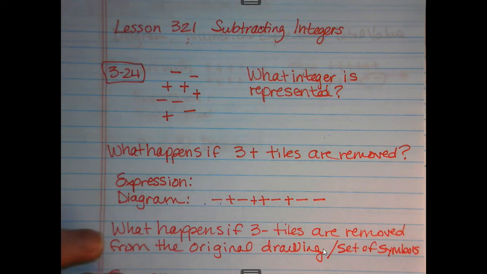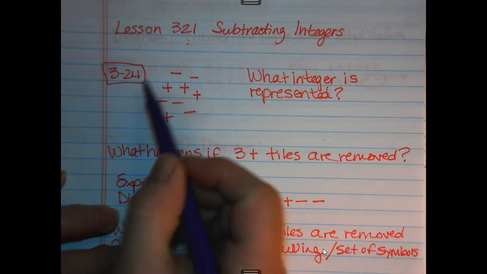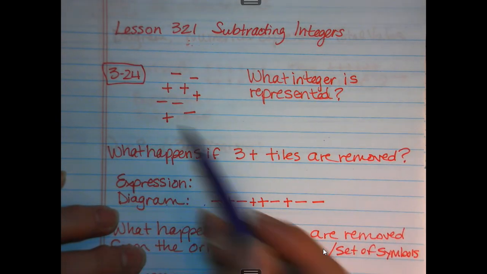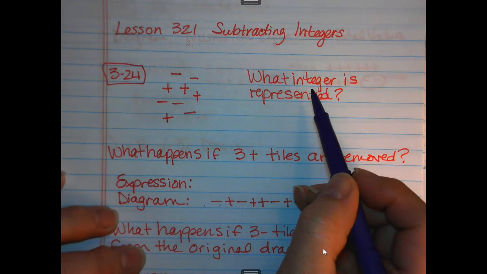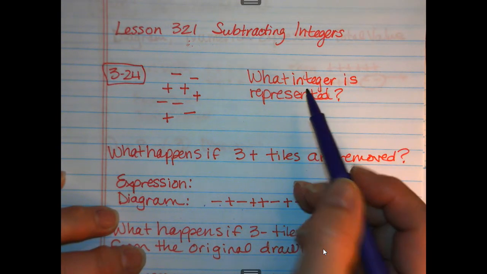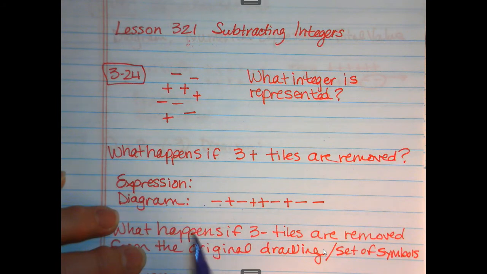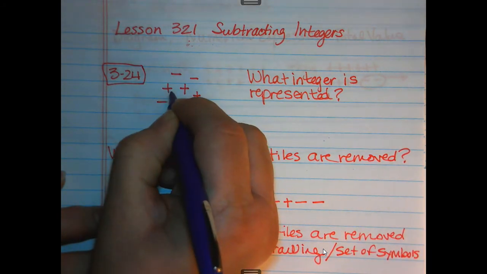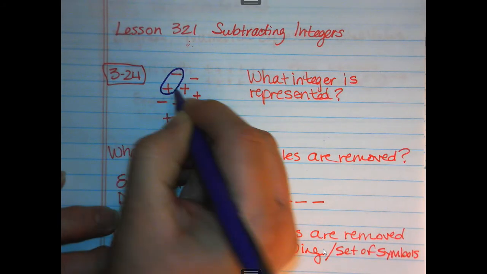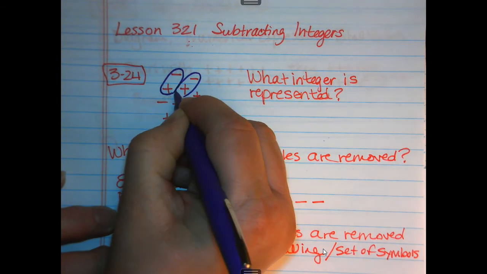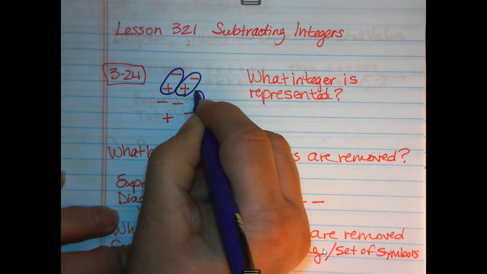Our first problem, we are given a set of tiles or symbols, and our question is, what integer is represented? In order to find the value that is represented here, I'm going to pair a positive and a negative symbol up.